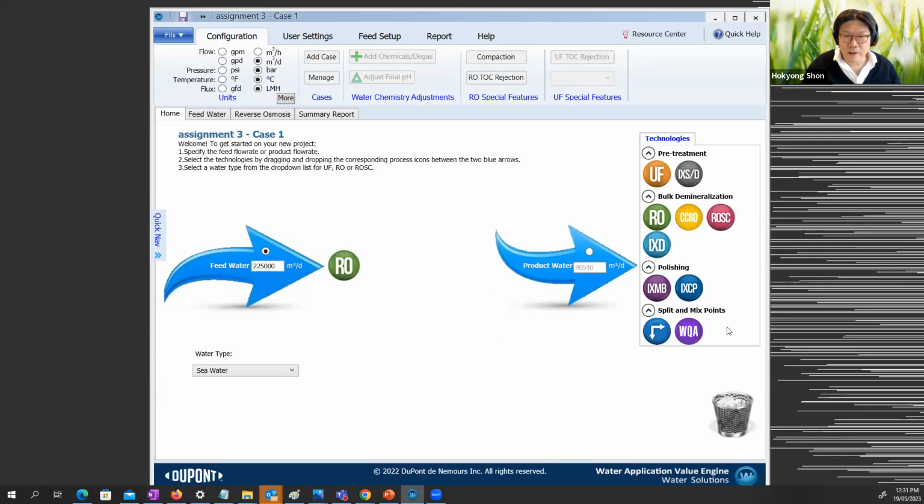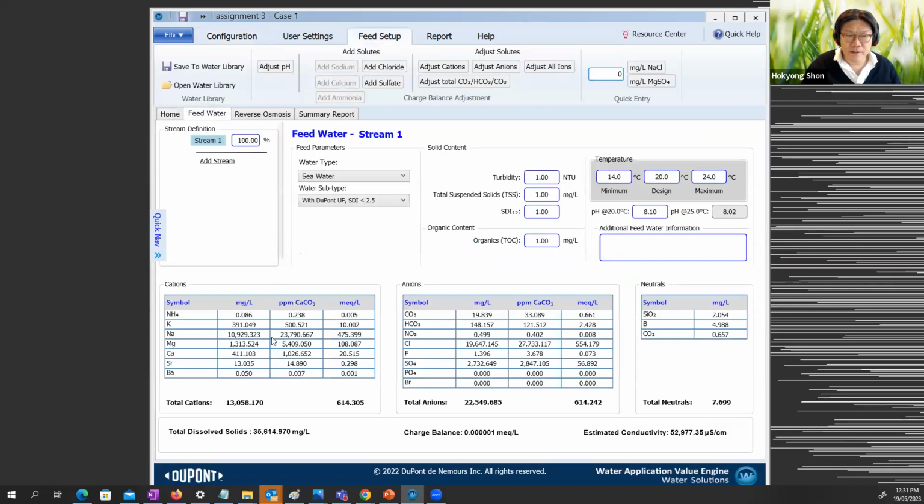You look at his feed water, and then he put the ammonia concentration, the ultrafiltration pretreatment, and turbidity. So he put all the detail here. Finally, TDS is 35, and that's his overall water quality.